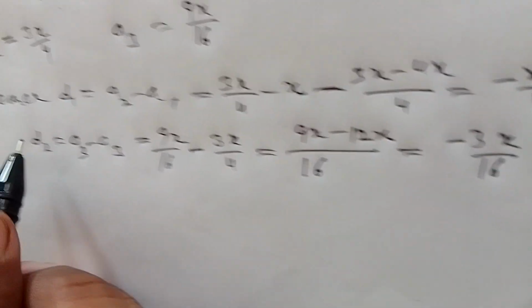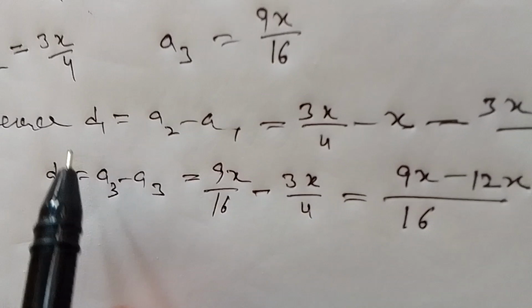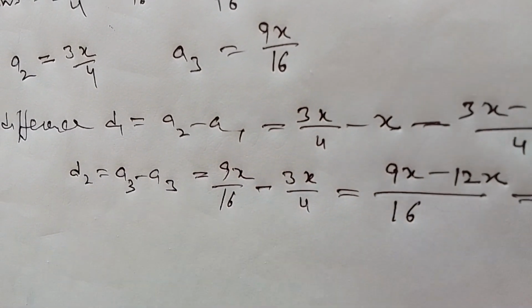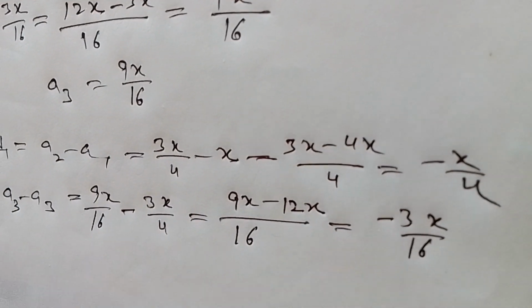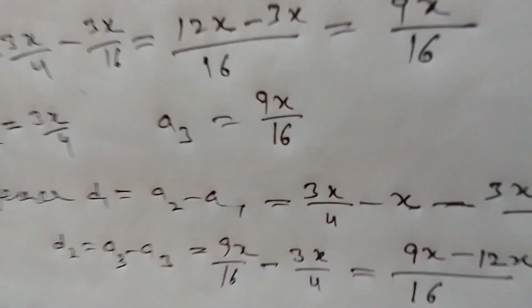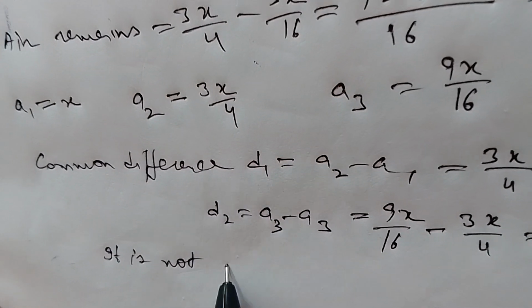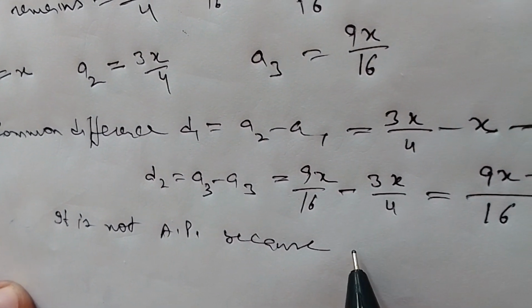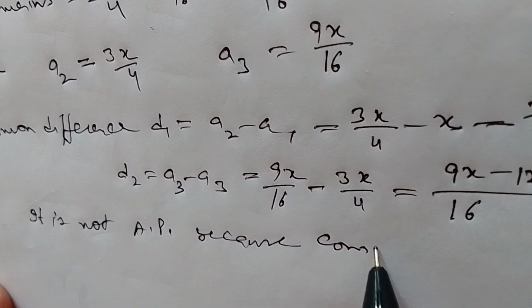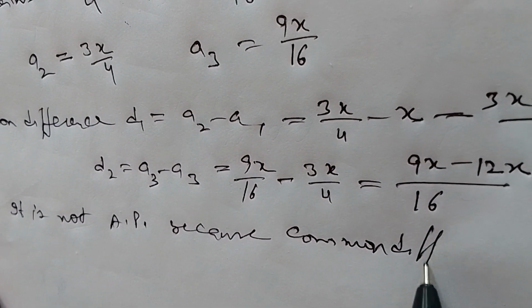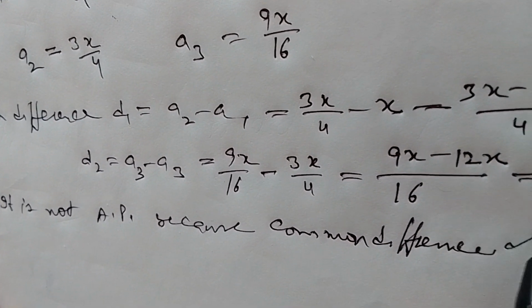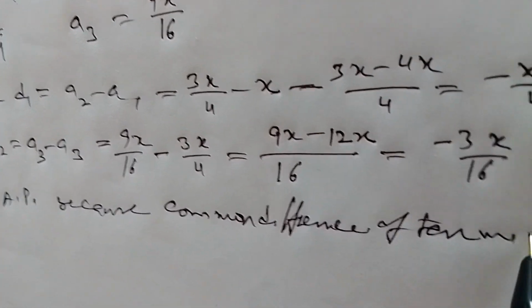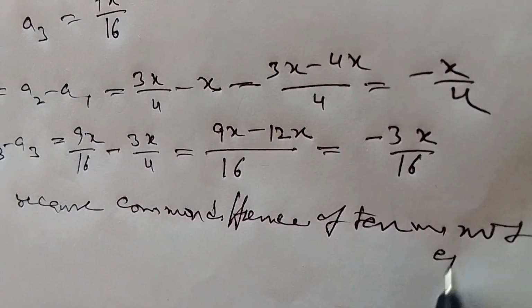So from this we came to know that the common differences D1 and D2 are not equal, so it is not an AP because the common difference of terms is not equal. This is the answer of the second part of the question.